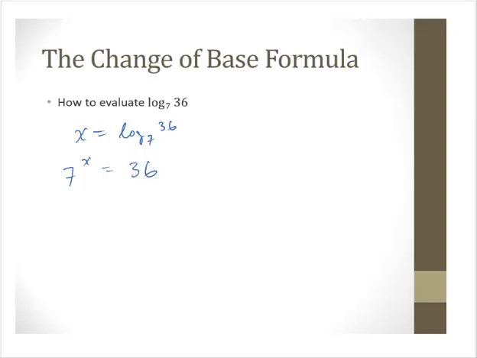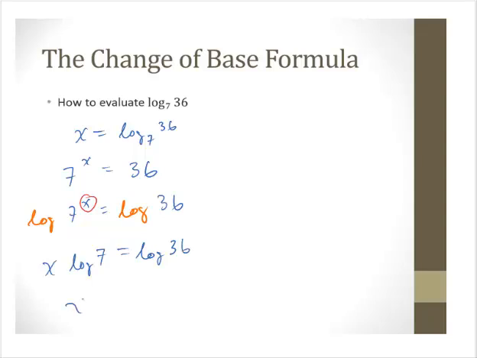Now I can solve this by using the common logarithm. The log of 7 to the x would equal the log of 36. Using our power property, I can write the left-hand side as x times the log of 7, which is still equal to the log of 36.